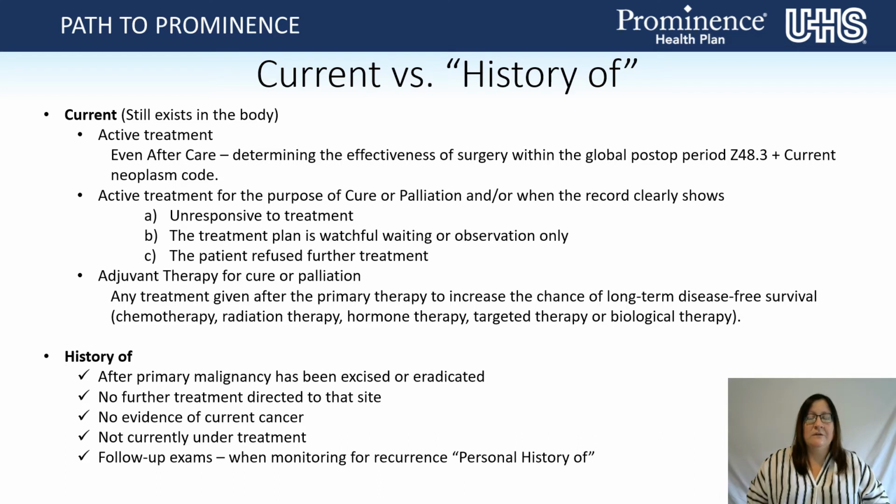The neoplasm will be coded as a true history of when the primary malignancy has been excised or eradicated, when there's no further treatment directed to that site, when there's no evidence of current cancer, when the patient's not currently under any treatment, and even when the patient has a follow-up exam specifically monitoring for recurrence, it would still be coded as a personal history of Z code.